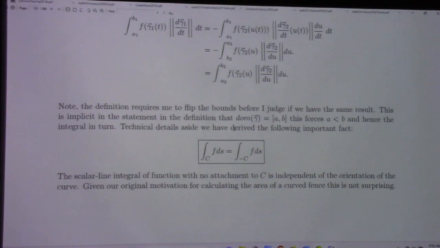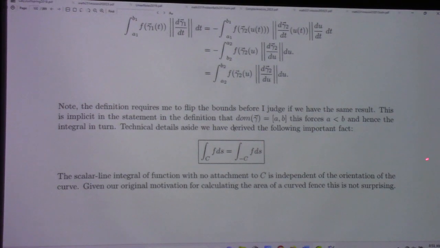All right? Now, you might find this sentence to be a little bit suspicious. I say the scalar line integral of a function with no attachment to c is independent of the orientation of the curve. What do you think that might mean about this course? This is a very oddly specific sentence, isn't it?